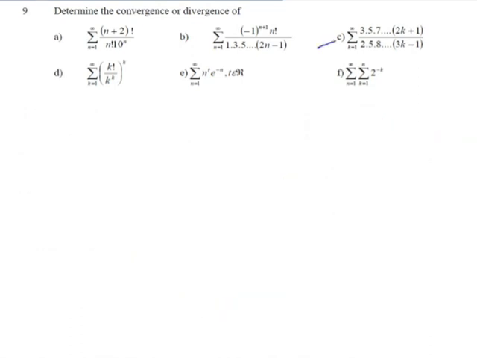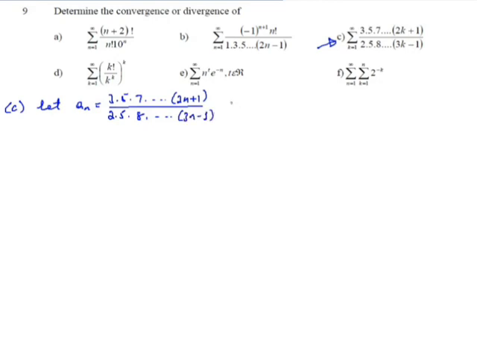For the C part, we use the ratio test to check convergence. Let the nth term be 3 times 5 times 7 and so on up to 2n plus 1 over 2 times 5 times 8 and so on up to 3n minus 1.